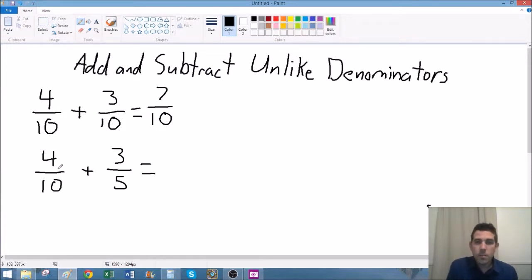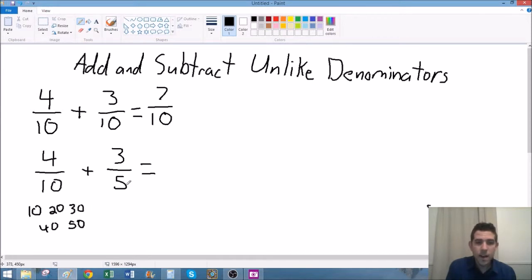So a trick I like to use is to write out all the multiples of each of the denominators until I find a match. Let's start with the 10. The 10 has multiples of 10, 20, 30, 40, 50. I usually like to do about 5 and hope that there's a match there.